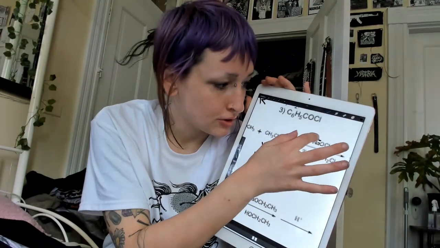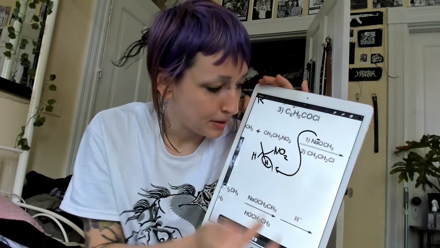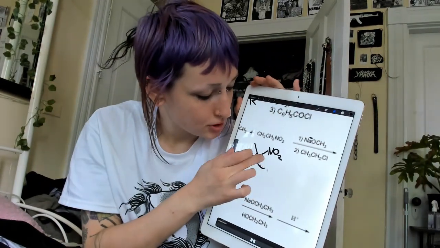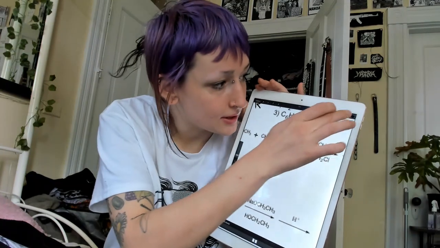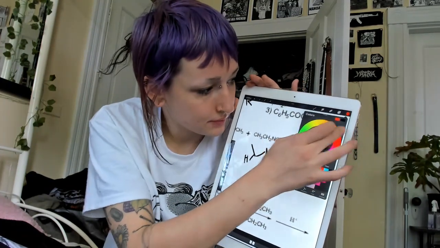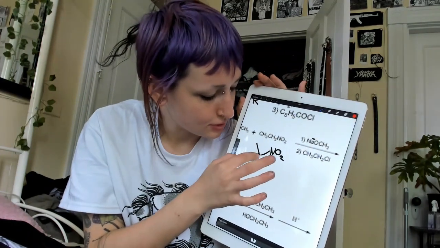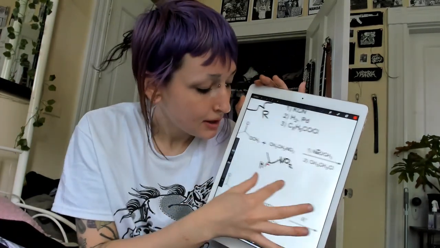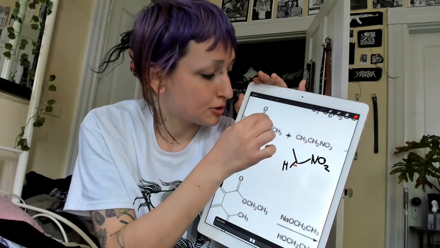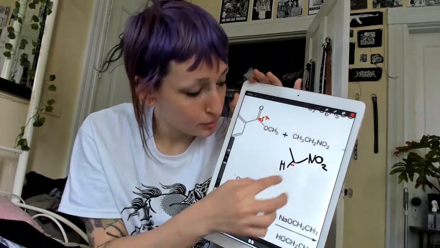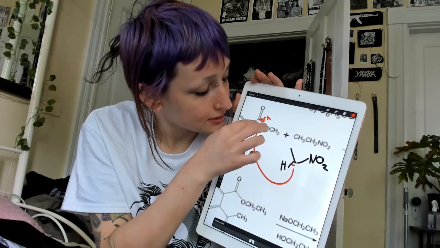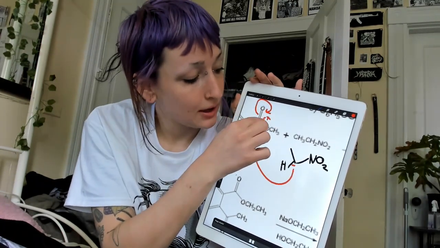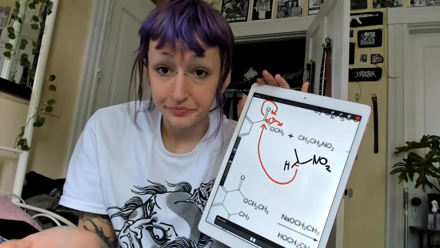The negative charge on this is going to come over, it's going to grab a hydrogen, and it's going to put a negative charge on this carbon right here, and that's our enolate ion. And then, because there's a partial positive right here on this carbonyl, it's just going to come in and attack. This whole thing is going to loop back down, and this guy's going to pop off.